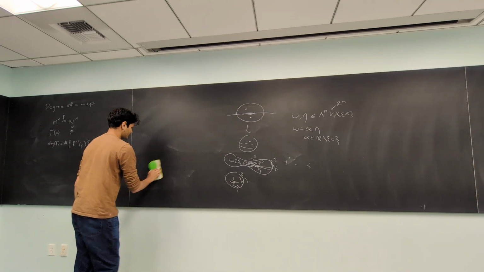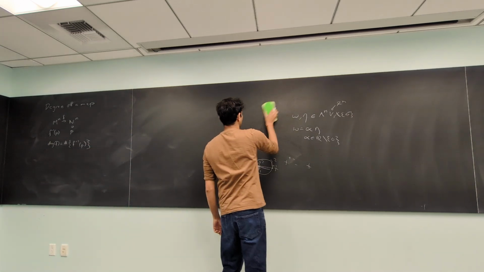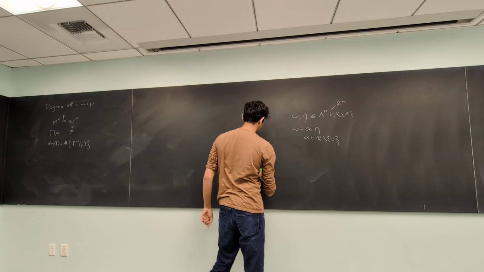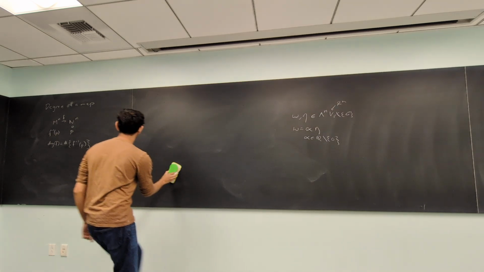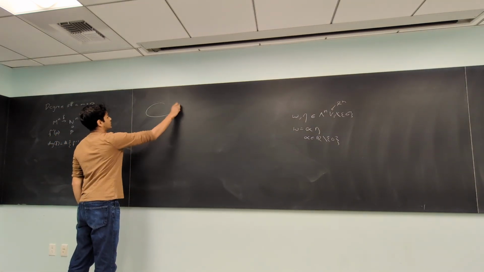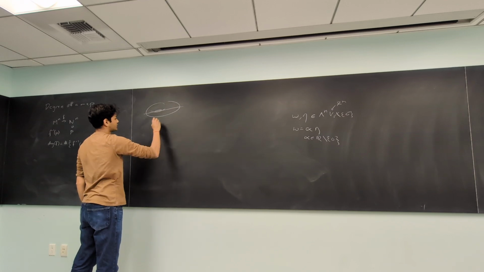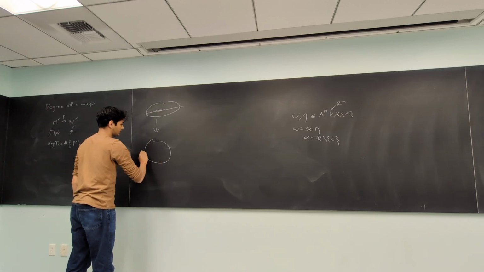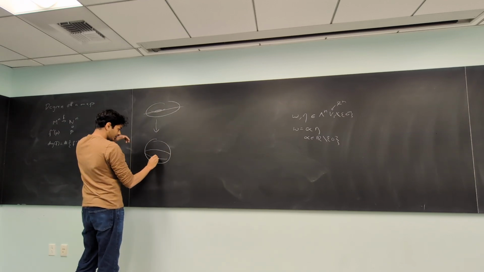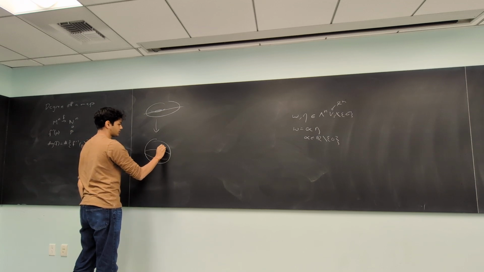So how do we see this in terms of de Rham cohomology? The hint is this guy. We have this picture from a torus down to the sphere. What we can do is pick some point P here on the sphere.